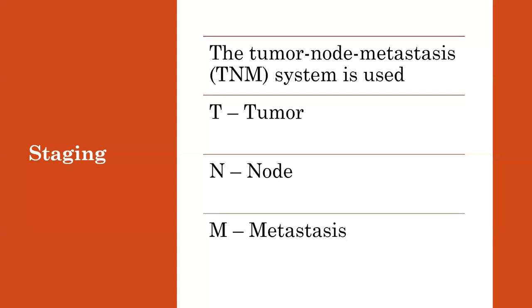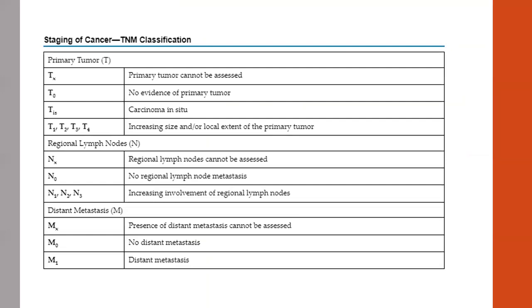And it will look for metastasis to see how far out this cancer has spread. For the primary tumor, it's on a TX for cannot be assessed all the way up to T4. T4 is the worst. Regional lymph nodes, it's on a 1 to 4 scale as well. And metastasis. If it has metastasized, that's not a good thing.